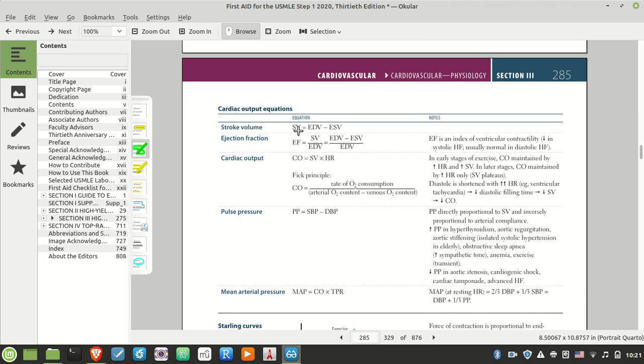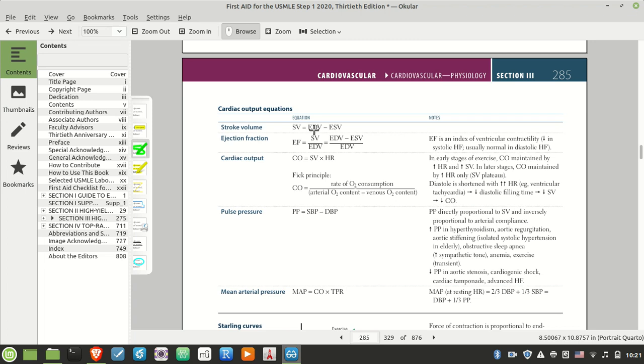So, stroke volume: end diastolic volume minus end systolic volume. This is just saying end diastolic volume is when the heart's completely filled, and end systolic volume is after the heart has pumped out the left ventricle volume. So this is whatever's in the left ventricle before it pumps, and this is whatever's in the left ventricle after it pumps. So the stroke volume is that minus that.